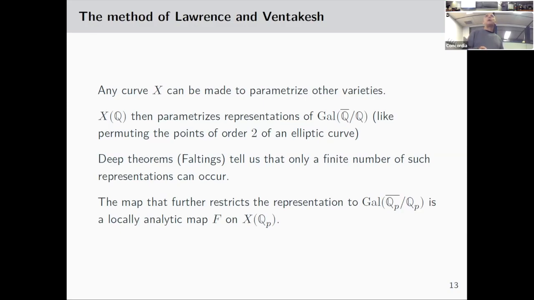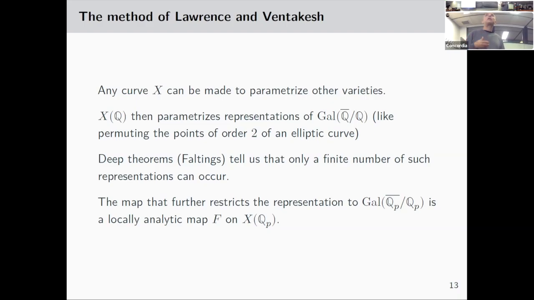What they do is use that to parameterize a particular kind of varieties, and they get out of that representations of the absolute Galois group of Q bar over Q. Now, there's a long theory of how to get representations out of varieties, but the simplest way of understanding how this might happen is to look at the points of the elliptic curve, the two-torsion points, say, which are just a vector space of dimension 2 over the field with two elements, and the Galois group acts on them, because if I take these points and apply a Galois automorphism, I get the same kind of point. So that's a representation.